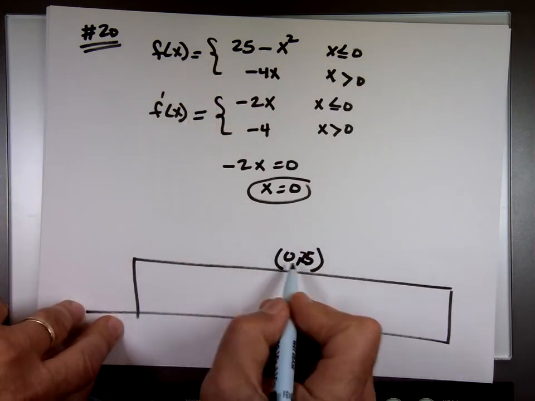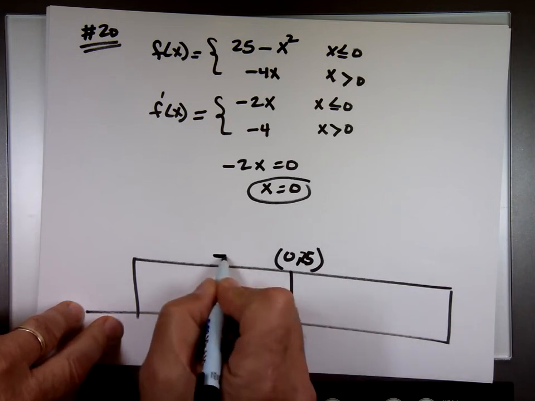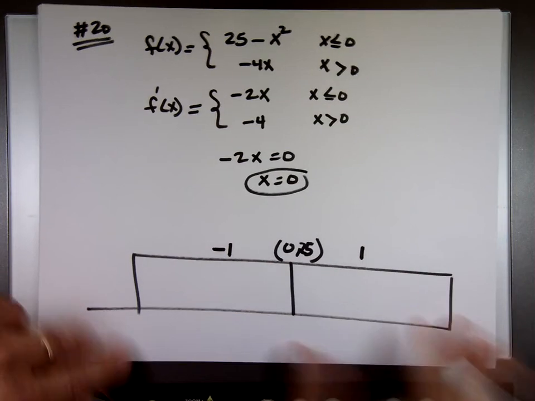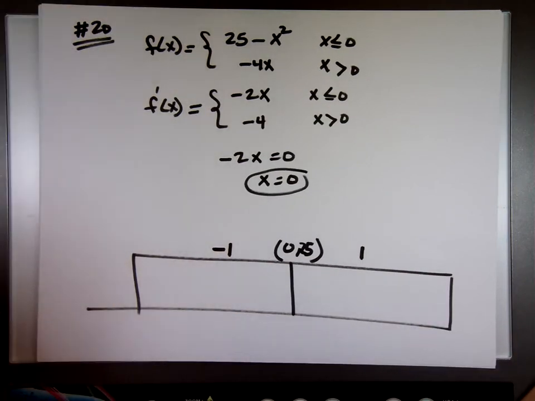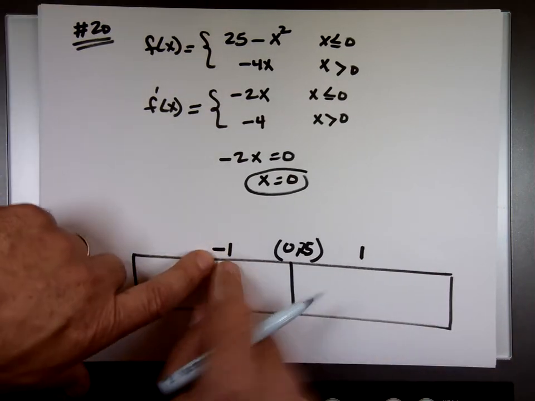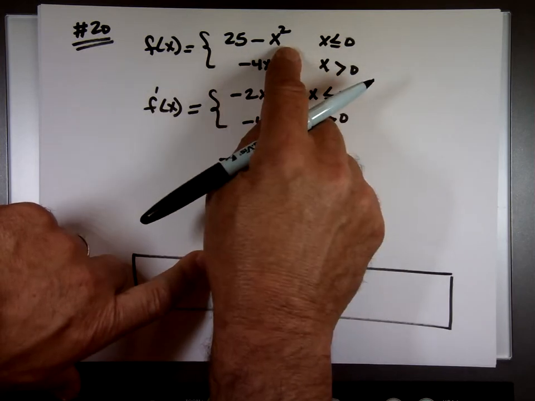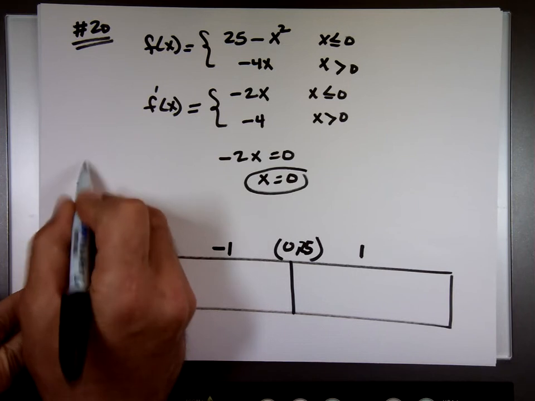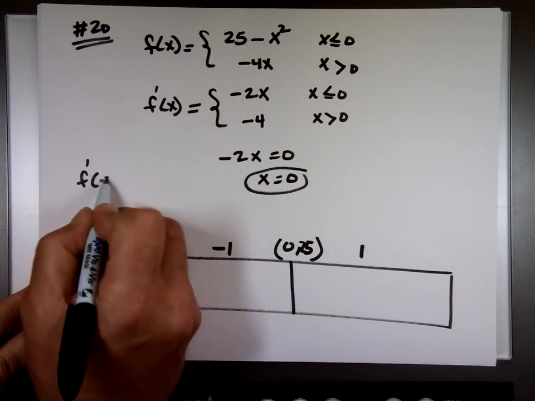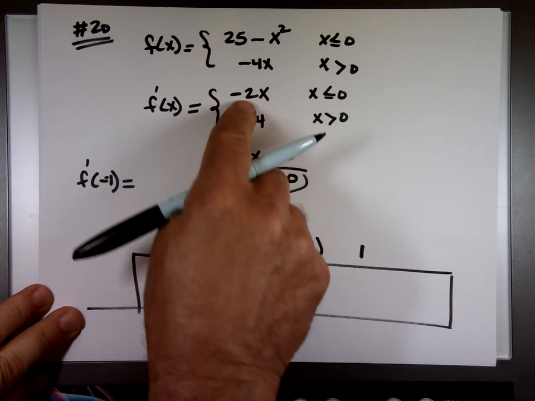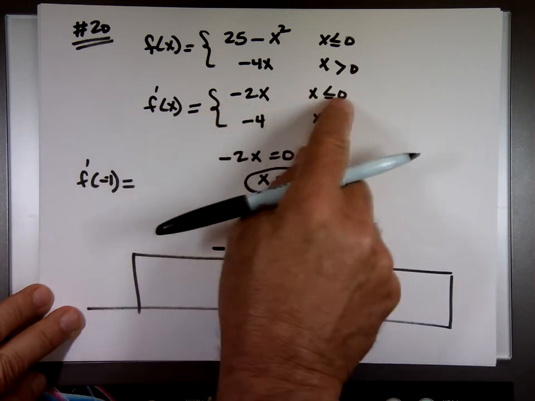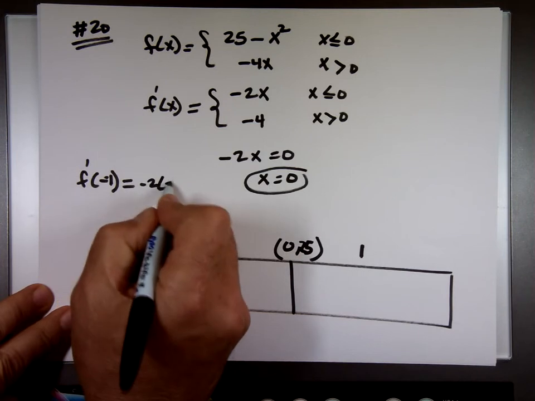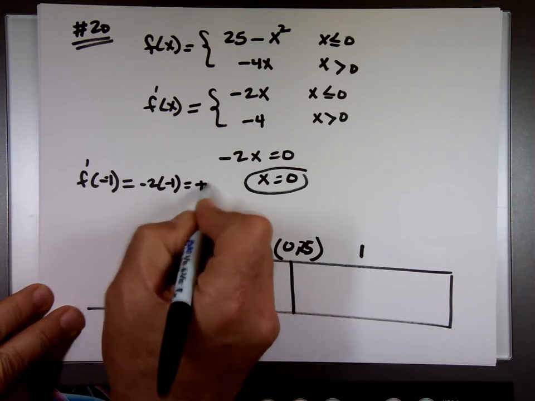Let's pick a value less than 0, like a minus 1, and a value bigger than 0, like a 1. When x is minus 1, that's less than 0. I have to use the top equation. So what's f prime of negative 1? There's a derivative. X is less than 0. What's minus 2 times a minus 1? Positive 2.